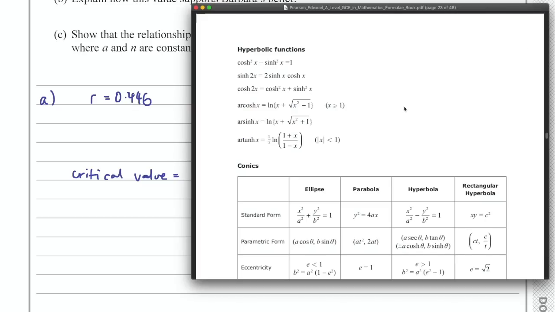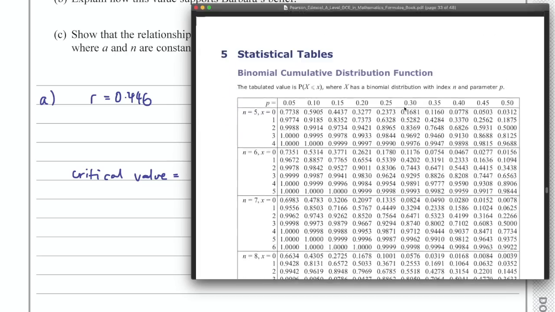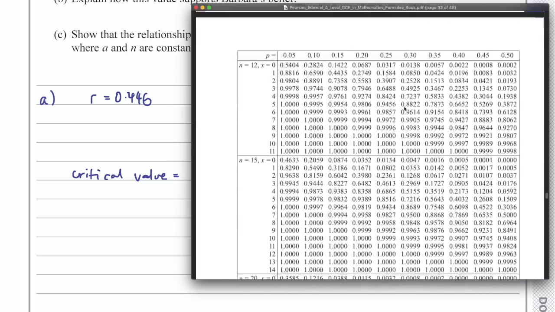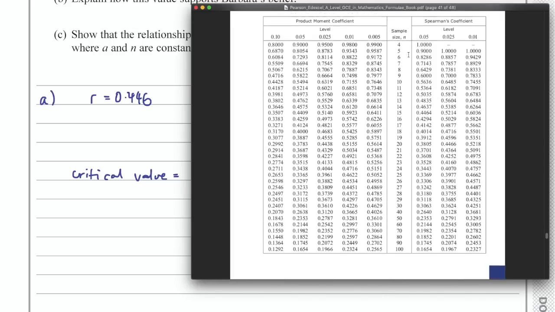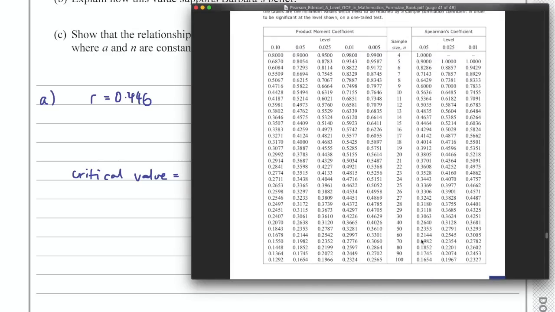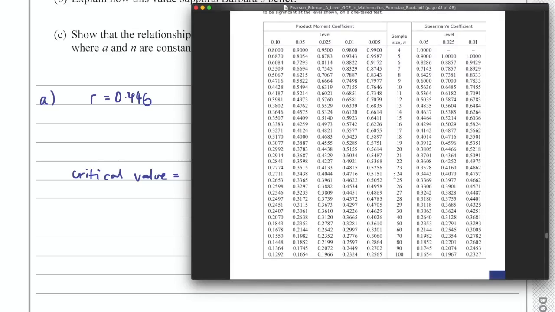This is our formula booklet, and if we go down to our correlation coefficient table, critical values of correlation coefficients, that is on page 37. There were 24 countries in this test, and we were testing at a 5% level of significance, so our critical value there is 0.3438.